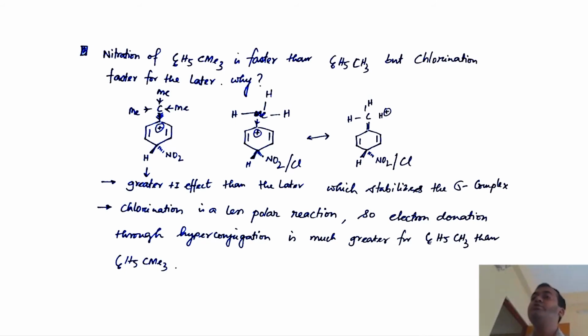Chlorine is well known for that sort of conjugation. But in this case it can possibly do that via the hyperconjugation effect. That is why the chlorination reaction has been explained based on this hyperconjugation effect. But because in this case it is a polar reaction, it forms a positive charge, and that is why in this case the reaction is faster.